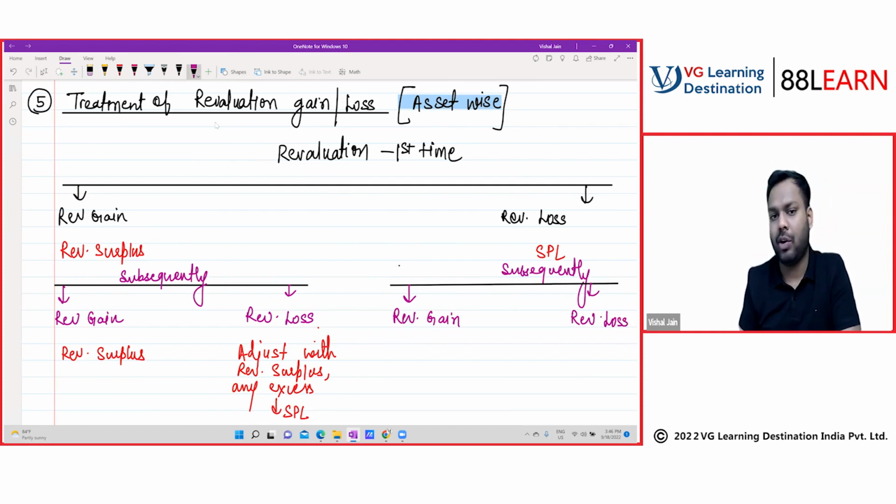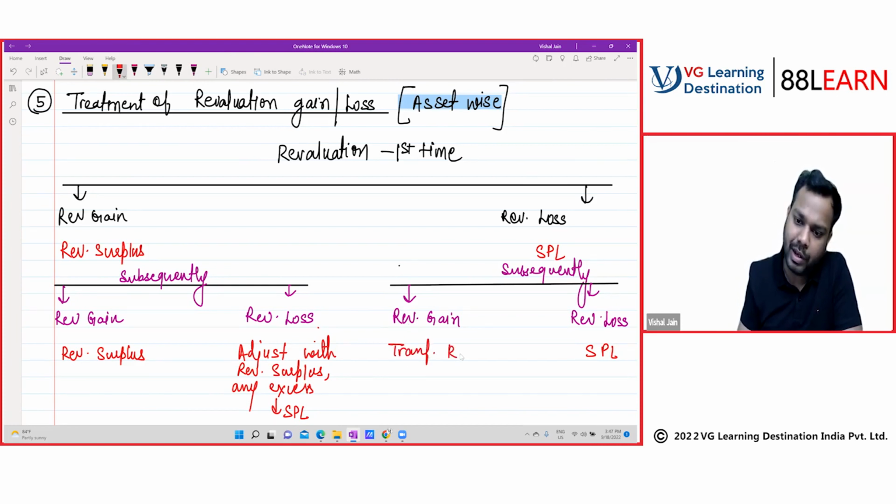Now, if it is a revaluation loss subsequently, then definitely again it will be transferred to SPL. But if it is a revaluation gain subsequently, then you will transfer revaluation gain to SPL to the extent loss was transferred to SPL.